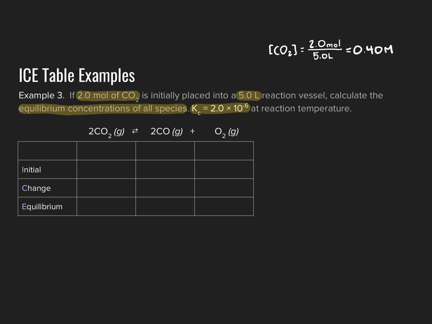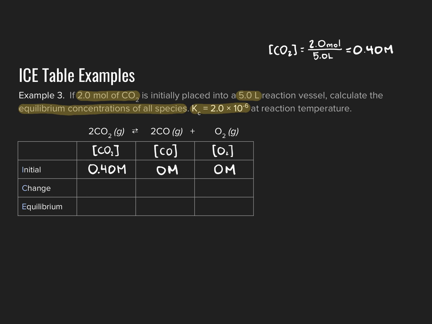I'm going to place that initial concentration of 0.40 molar into the column under the CO2 gas in my ICE table. Now, note here, folks, that was the only species we told you was initially present in the flask, and therefore I'm welcome to assume initial concentrations of both of those products of 0 molar.